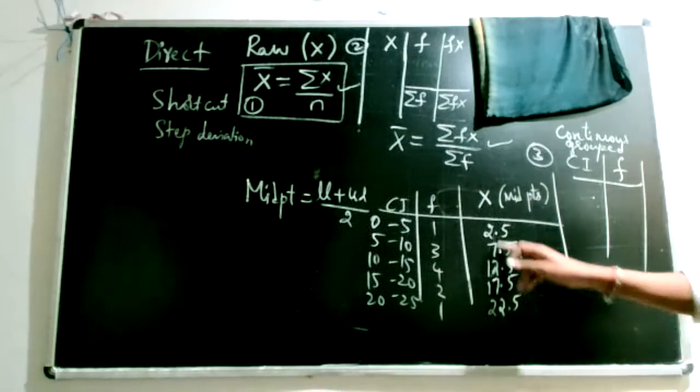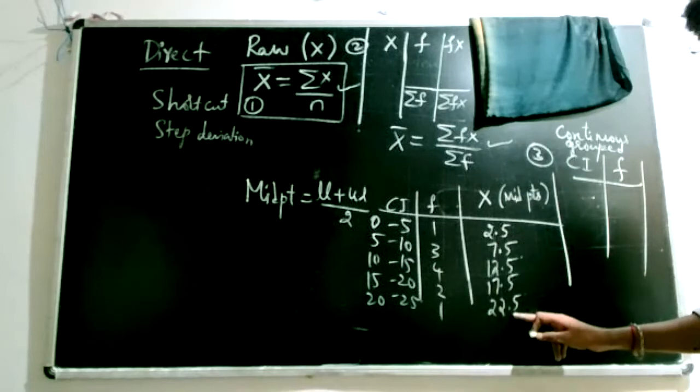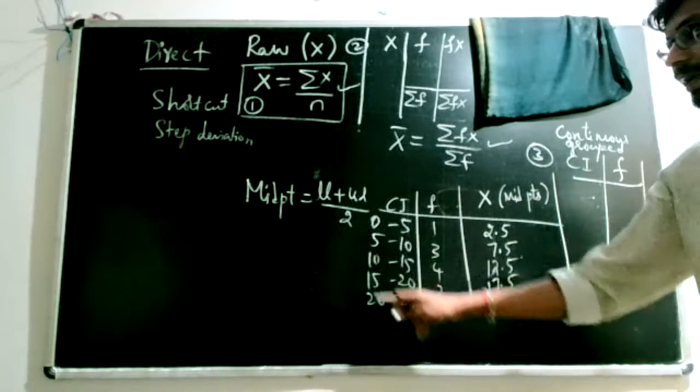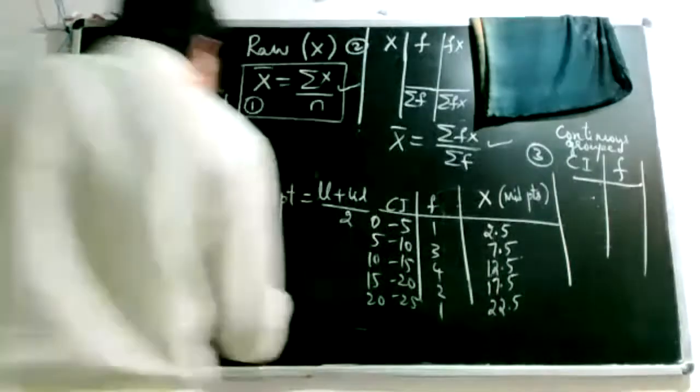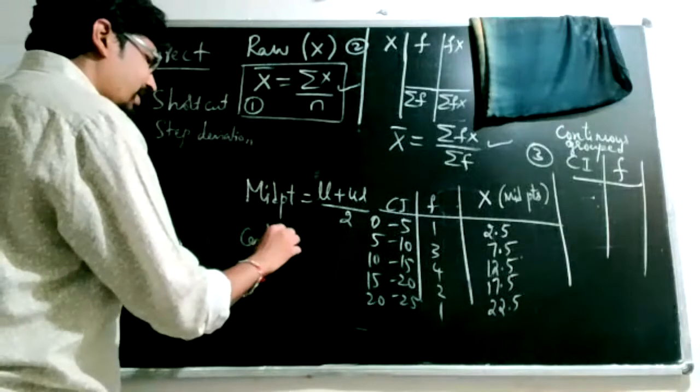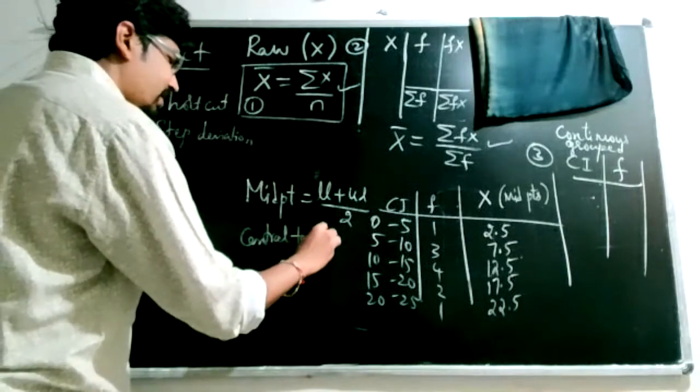Now, why do we consider these points for the computation of the mean, and why not any other value from the class interval? Again, it is because of the property of central tendency. What is central tendency?